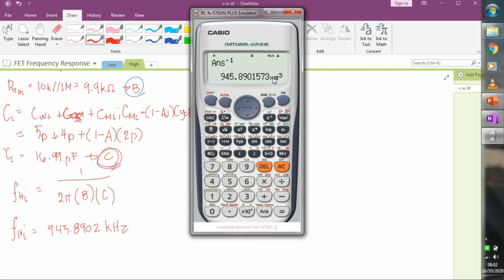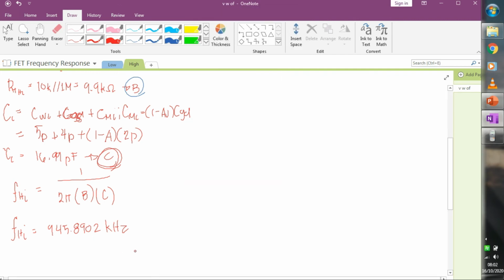Kasi naka times 10 raised to 3 po siya. So that's the value of your FHI.